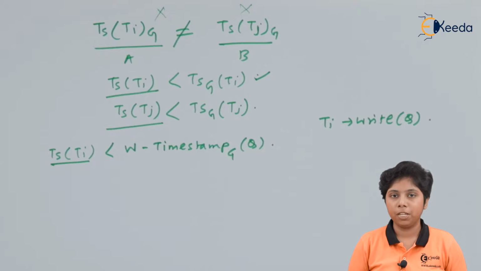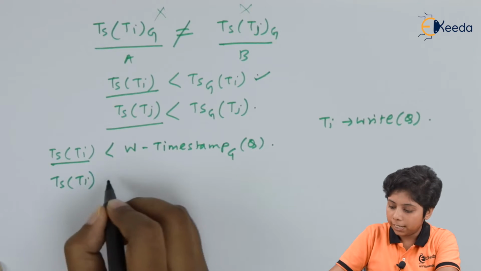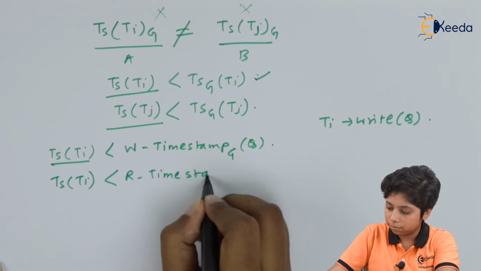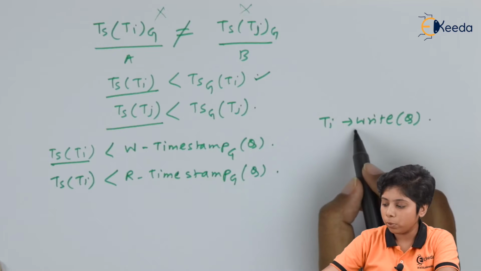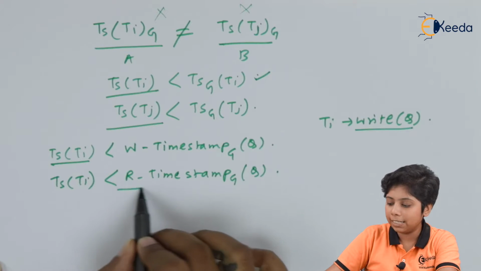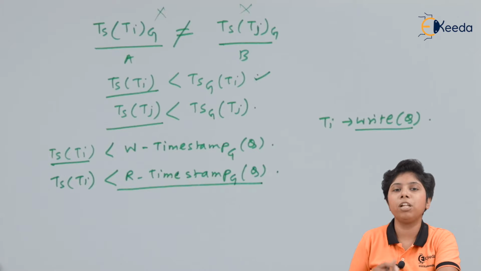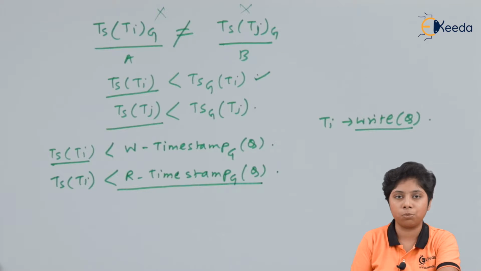Now what happens if this TS(TI) is less than this R-timestamp(G, Q)? If it is issuing this write(Q) and it is less than this R-timestamp(G, Q), that means globally that value will not be read, because that value was needed previously and now it will not be read after this one.